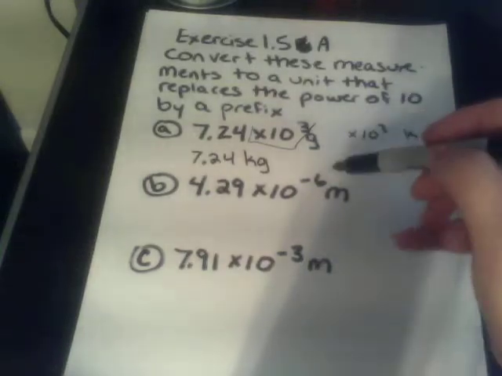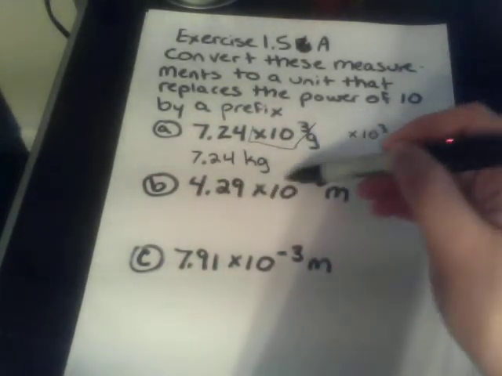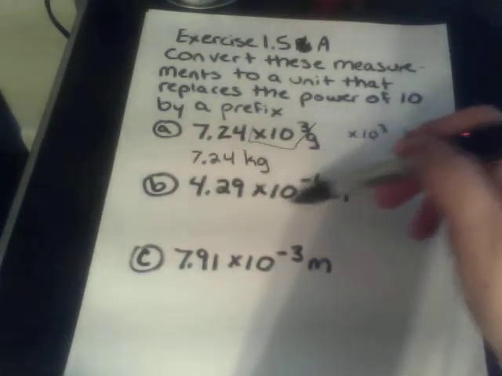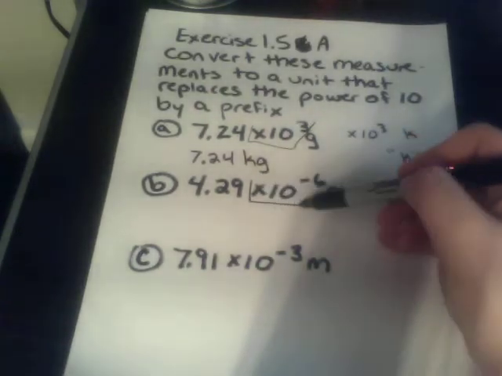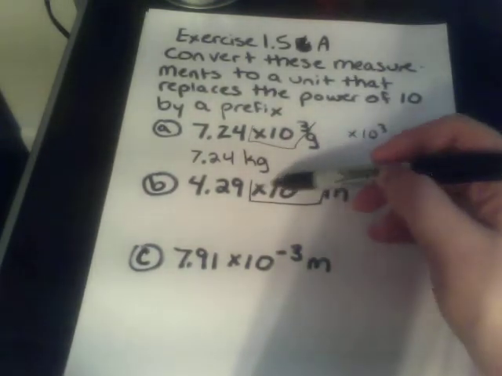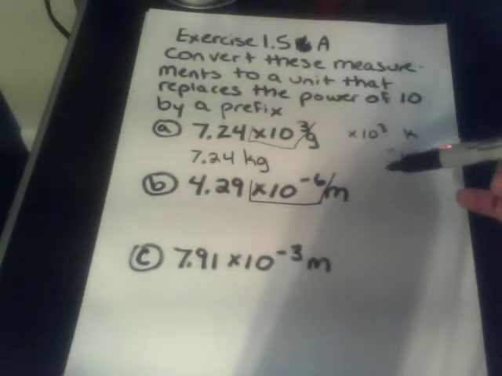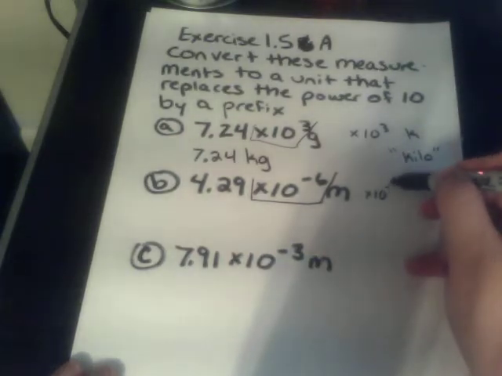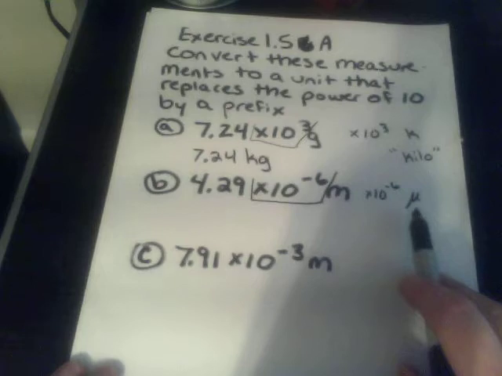Practice makes perfect. So this next one here, I need to say 4.29 something meters. So I need to find and replace this part, the times 10 to the negative 6. So if you look at the table, you'll see that times 10 to the negative 6 is the same thing as micro. So that's a mu.